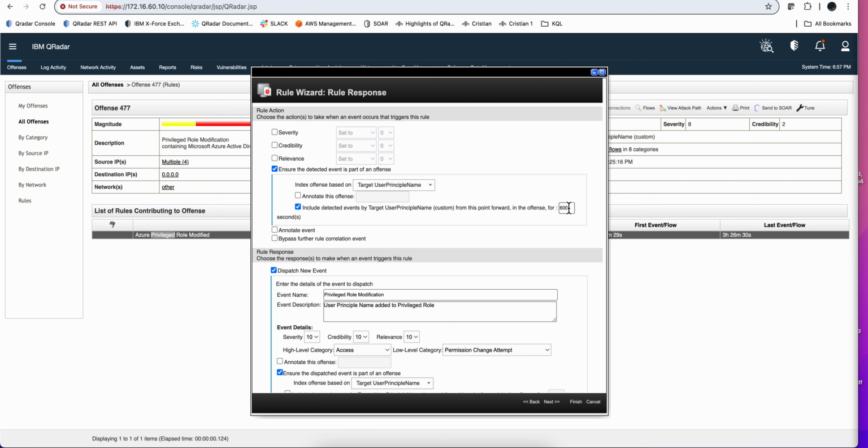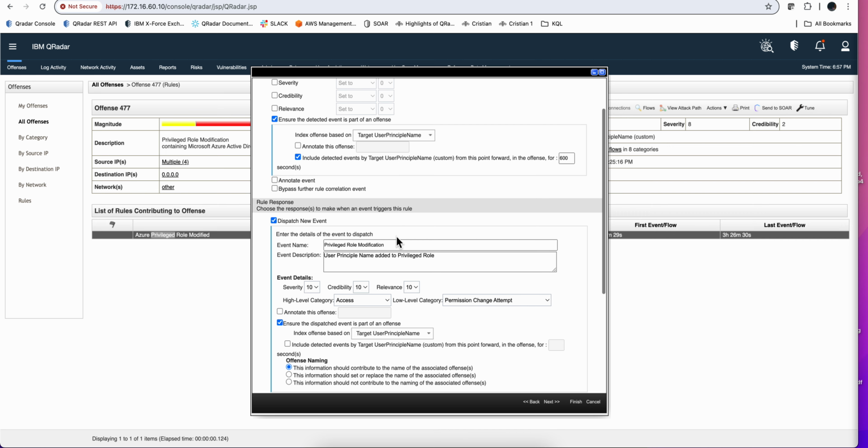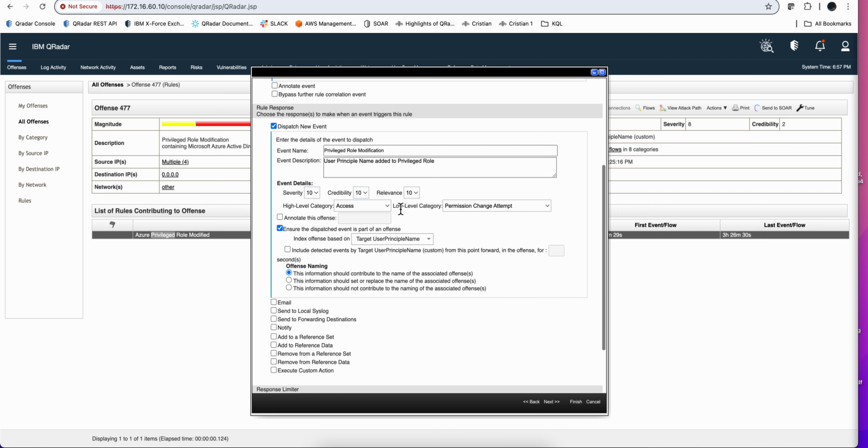That's 600 seconds, 10 times 60 seconds. So for the next 10 minutes, we want to see what it is that a person did with that privilege.